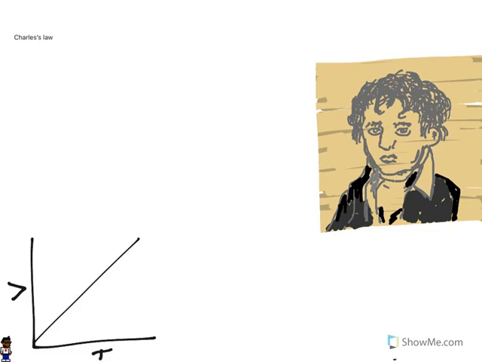So the second law that we're going to look at is called Charles's Law. And really the only thing I'm going to tell you about him is that he's French and he is a physicist and balloonist. Alright, so the equation that we're going to be using here is represented like this. V1 over T1 equals V2 over T2.